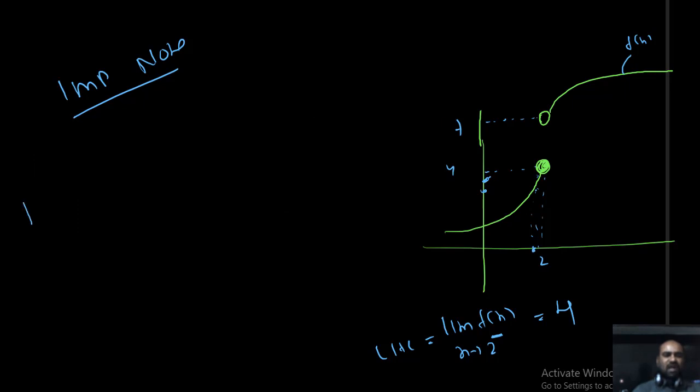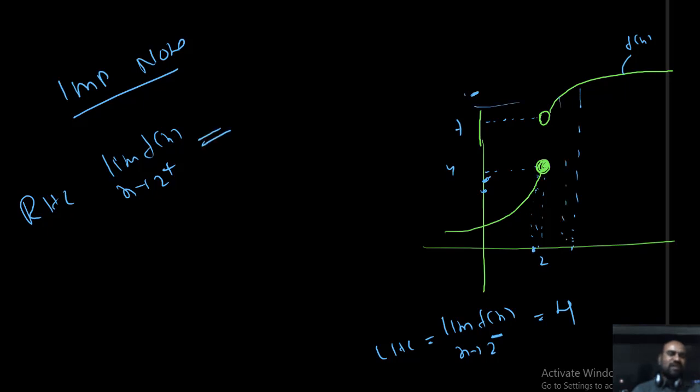Now I want RHL. What is the meaning of that? The limiting value of f of x where x is tending to 2 plus. If x is somewhere here, the corresponding value is here, near to 7. What is the meaning of that? If x is approaching 2 plus, or x is approaching from higher values of 2, then f of x is approaching 7. So here this is approaching 4, this is approaching 7, which means LHL is not equal to RHL.